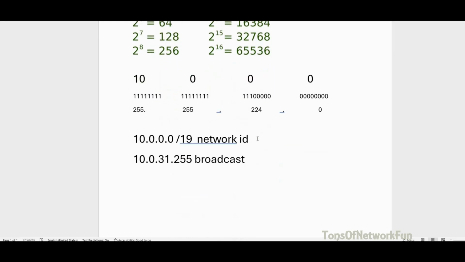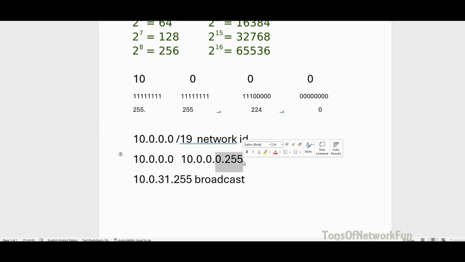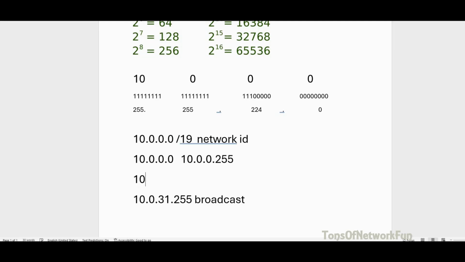For example, this will go 10.0.0.0 until 10.0.0.255. We cannot go beyond 255, so this 0 will become 1: 10.0.1.0, and that will end at 10.0.1.255.